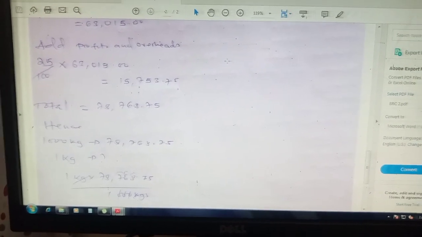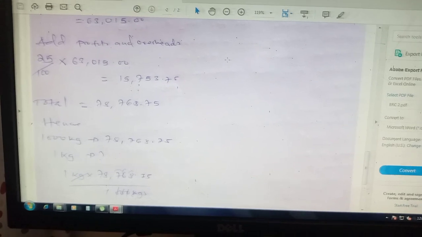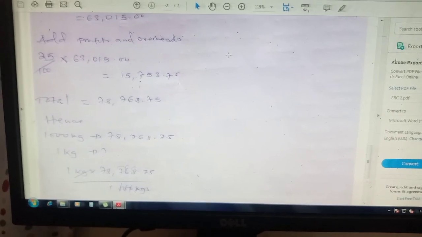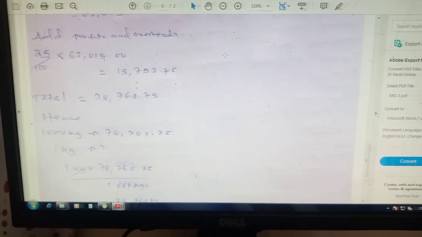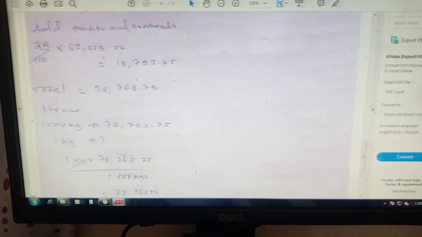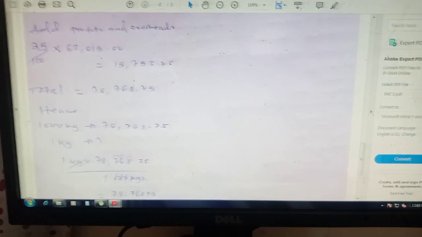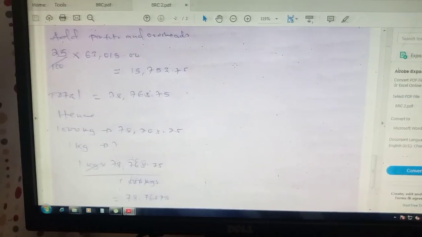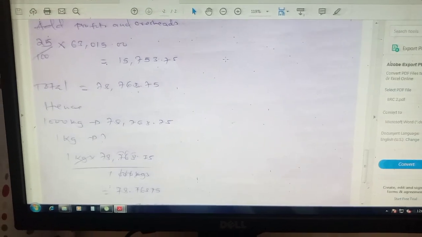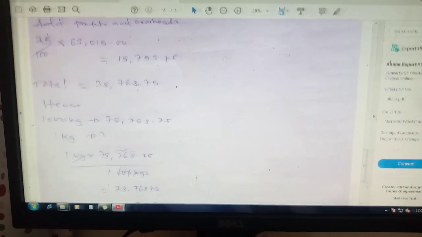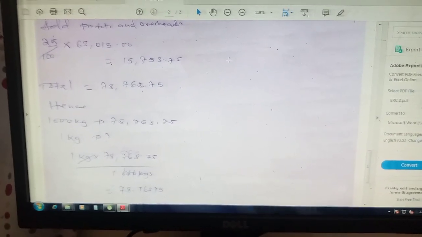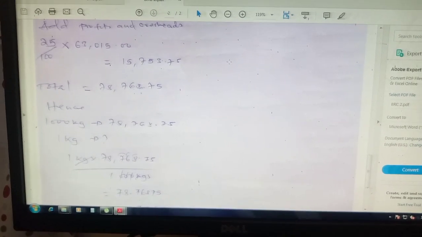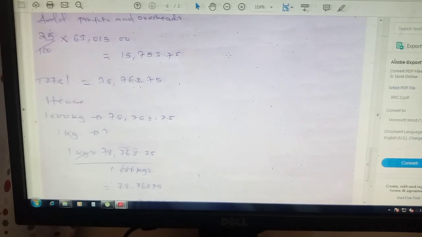Your profits and overheads will be 15,753 shillings and 75 cents. So your grand total will be 78,768 and 75 cents. But remember that all the calculations we've been doing were for 1,000 kg of reinforcement, but our rates are given per 1 kg.